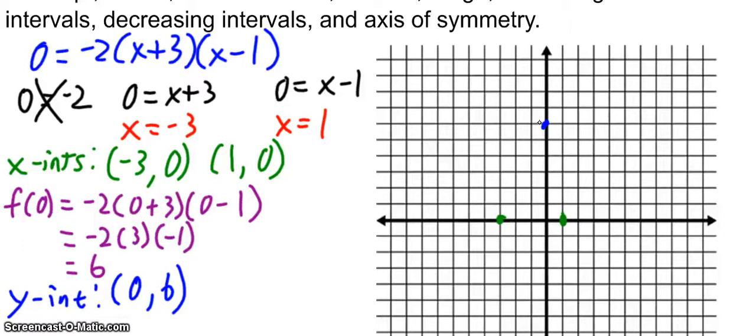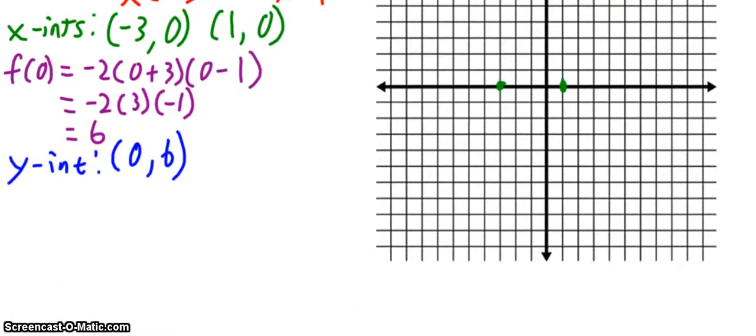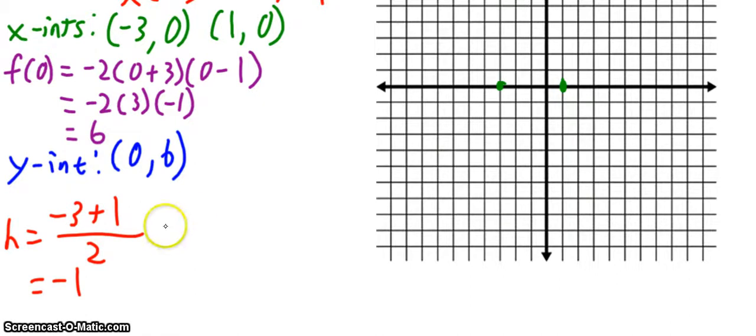The x coordinate of the vertex, remember we get that by averaging the x-intercepts. So if I take the x-intercepts, I do -3 plus 1 over 2, this is going to equal h. This becomes -1. The k-coordinate is, remember, f of h.